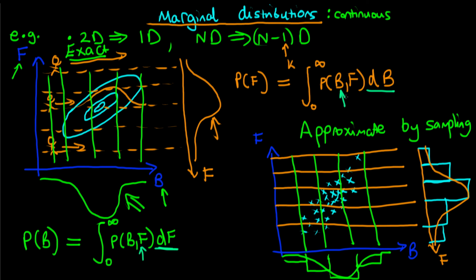If we have enough samples from the joint distribution and we draw histograms with respect to only the variable we're interested in, so we get univariate histograms, then those histograms represent an approximation to the true marginal distribution. And if we collect enough samples and make our bins narrow enough, then the approximation can be pretty good.